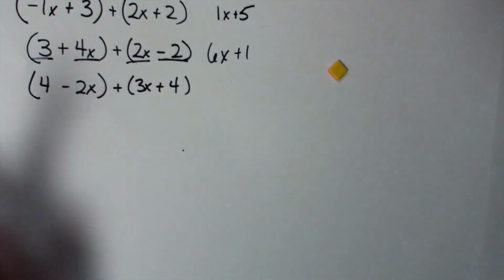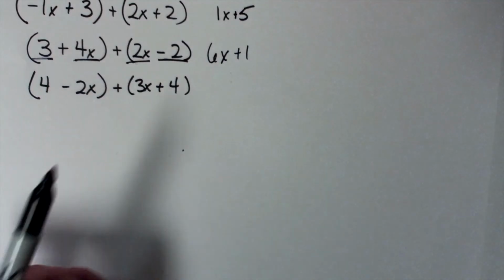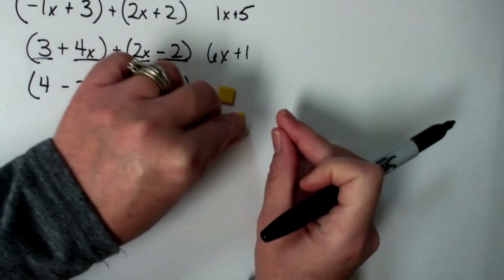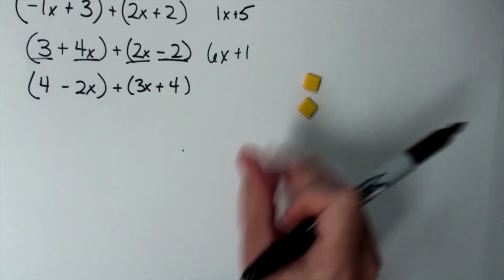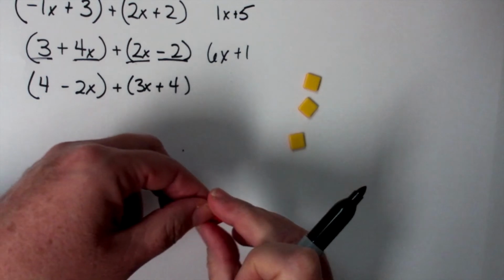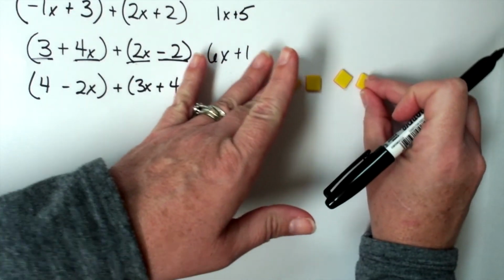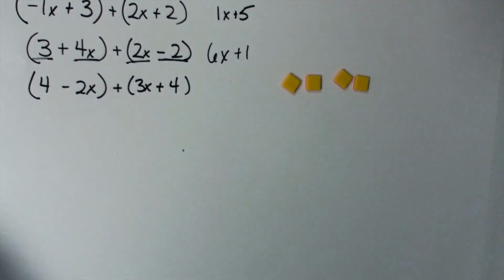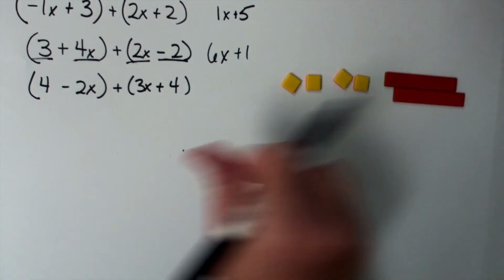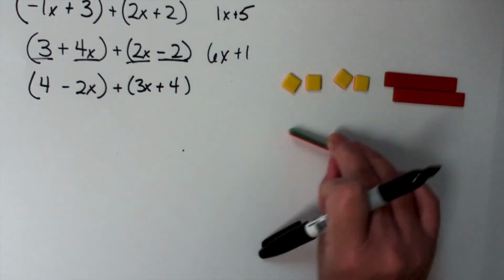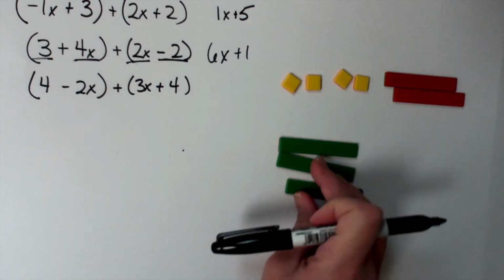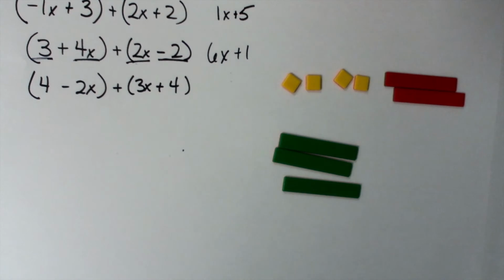Let's start to see that. The last one here, I have 4, that's positive, let's put these this way. There's 4. Negative 2x. Down here I have 3x. 4.